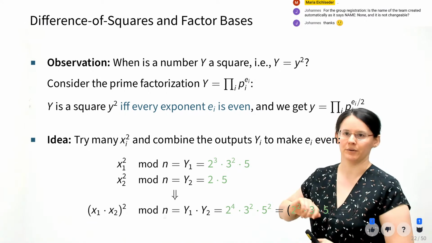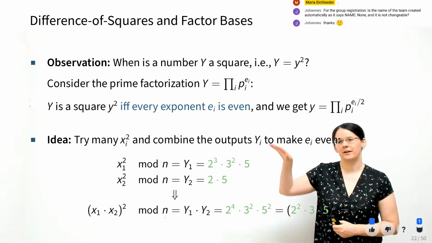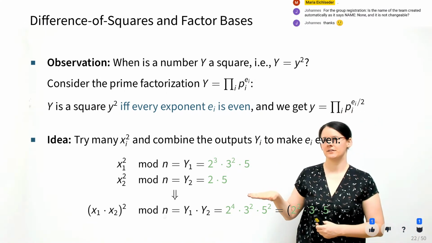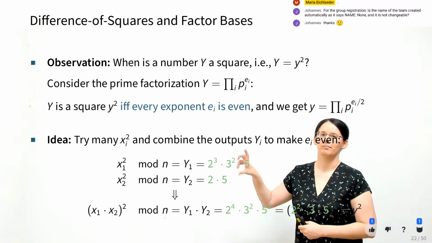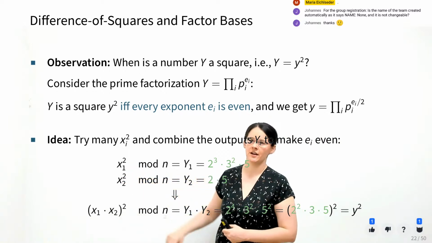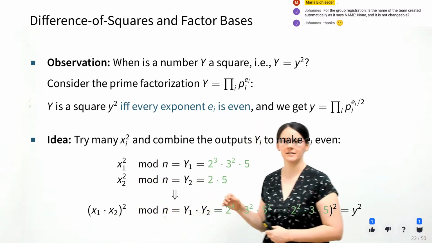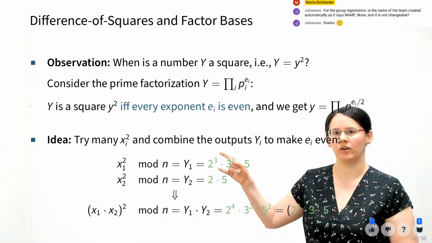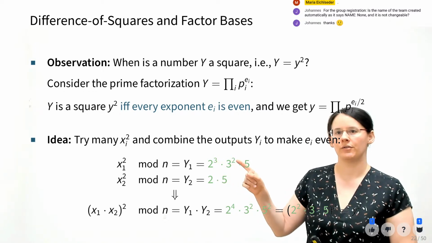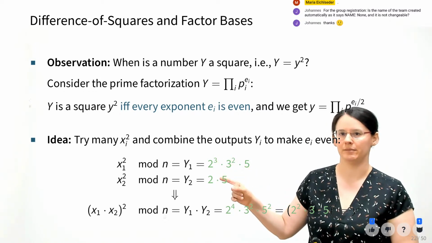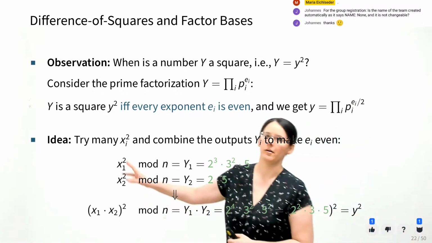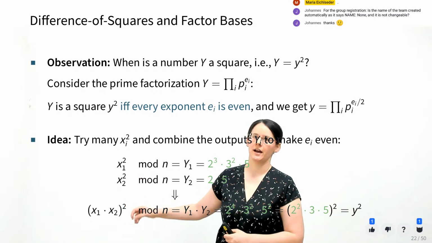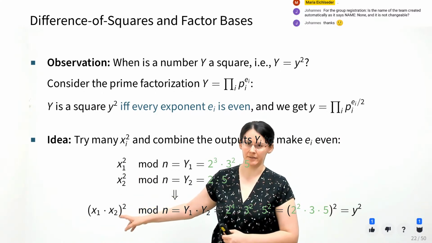Because in most cases we will get some prime factorization here of this result y, which has some even and some odd exponents. However, if we have several of these relations, we can actually try to combine them, so to multiply up some of the x's, so that, for example, in this case here, 2 has an odd exponent in both, 3 has an even exponent in both, 5 has an odd exponent in both. If I now multiply these two numbers, I again have a square on the left-hand side.